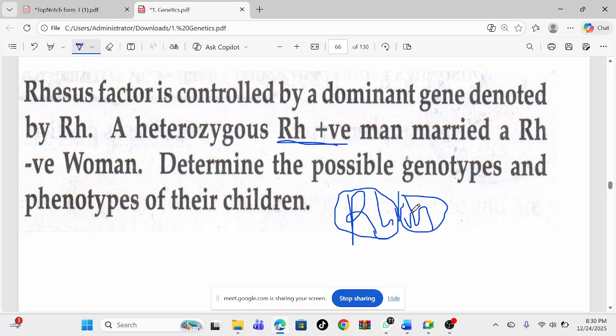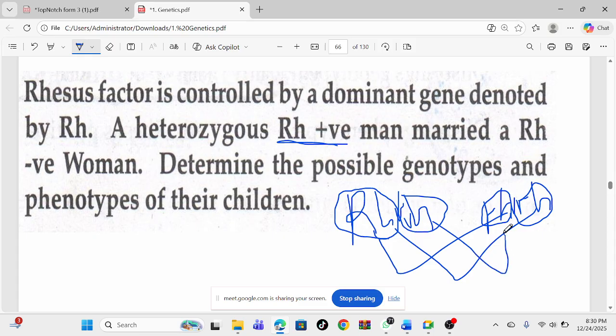So these are heterozygous. This heterozygous man married a rhesus negative woman. How does a rhesus negative woman look? She has all small rh. After that you put her circles too, and then you just cross it as usual.